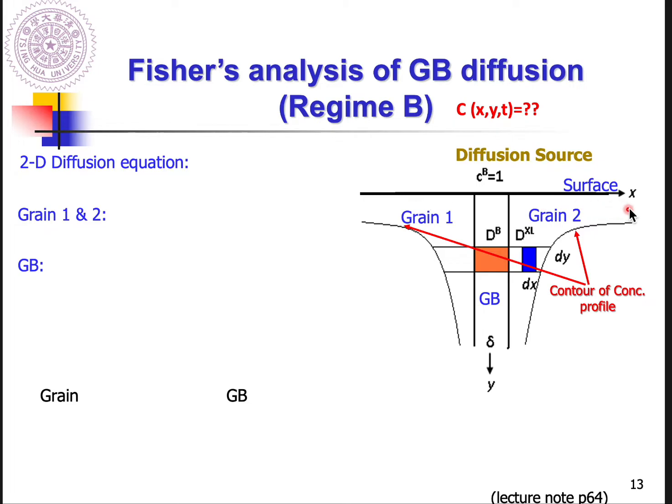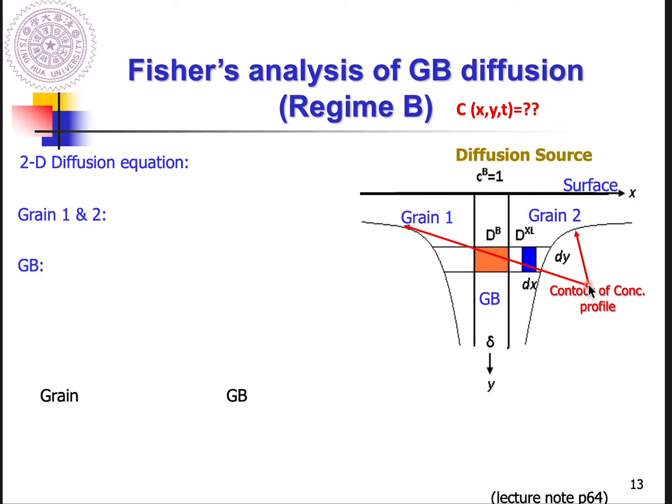This is also a cross-section of your material, and we have a diffusion source on the top of the material, and now we have grain 1 and grain 2. In between is a grain boundary.